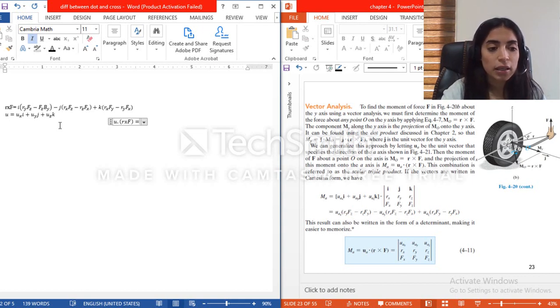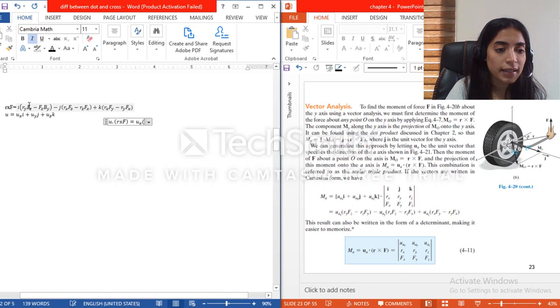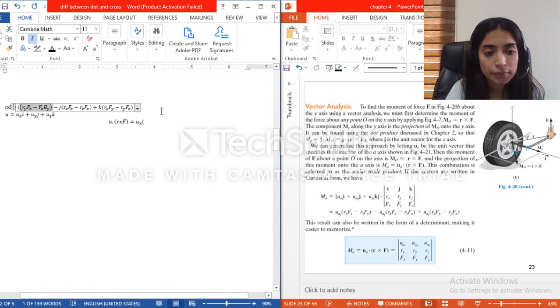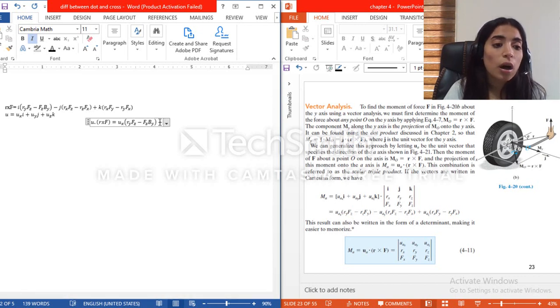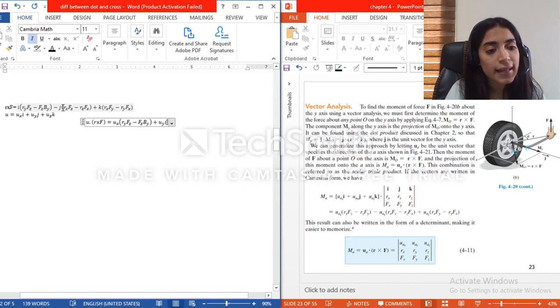So basically it is ux times x of r cross f, that is ry fz minus rz fy, plus uy times y of r cross f, that is minus rx fz minus rz fx.